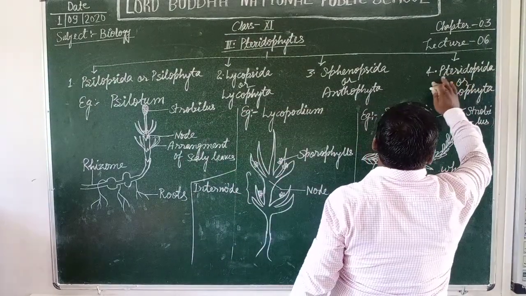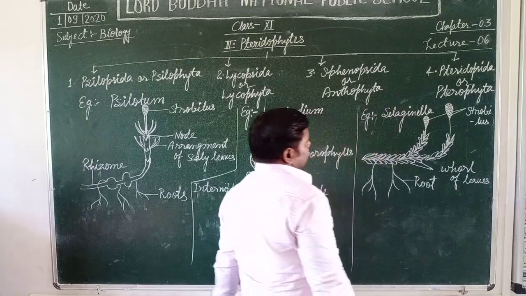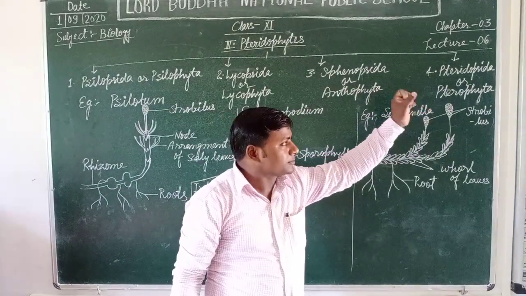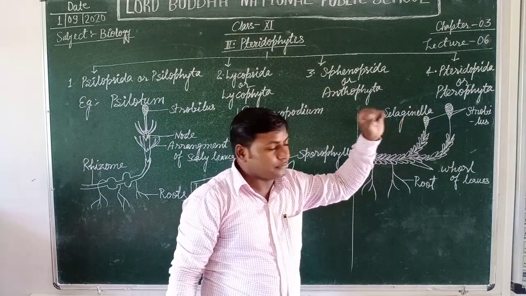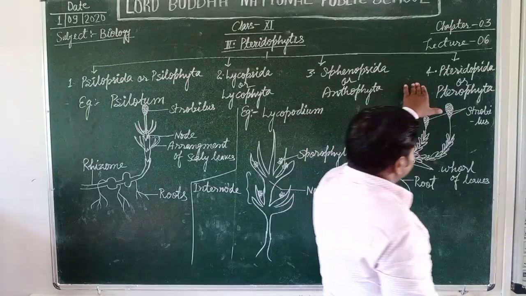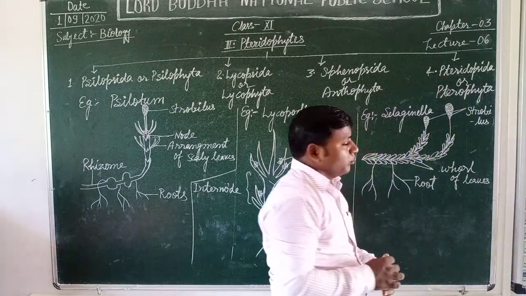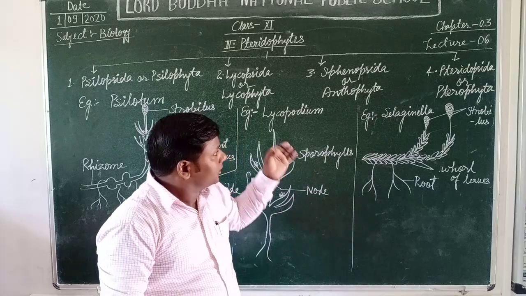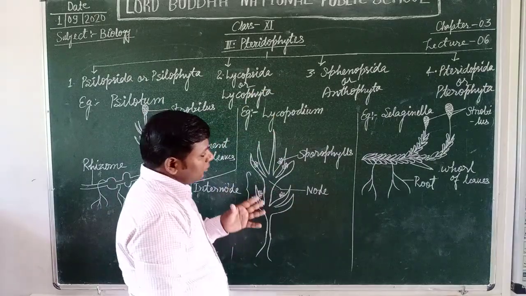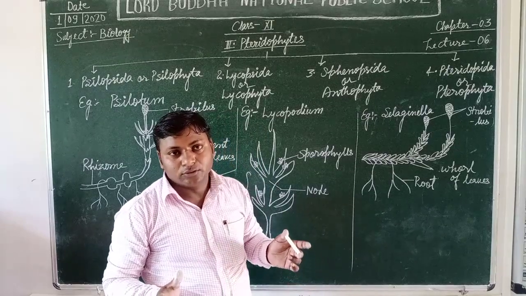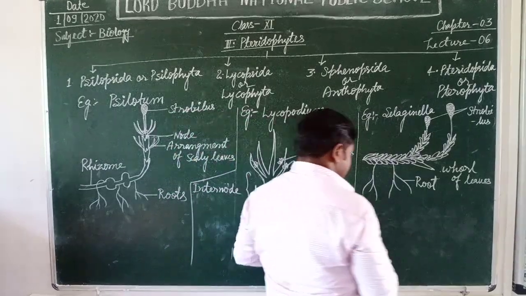Now students, the last subgroup of pteridophyte is Pteropsida or pterophyte. Pteropsida or pterophyta is the most developed subgroup of the pteridophyte because the members have well differentiated root and shoot systems.